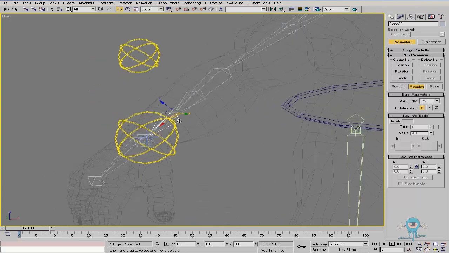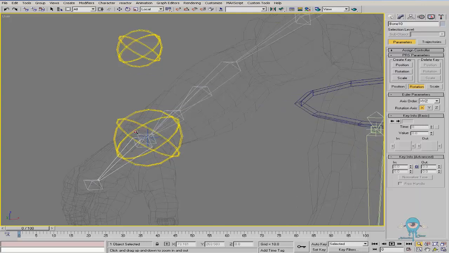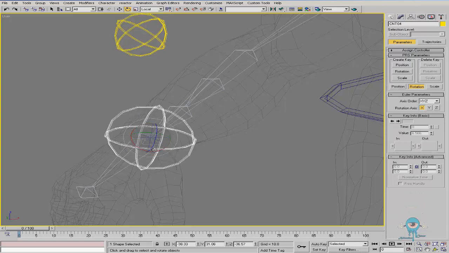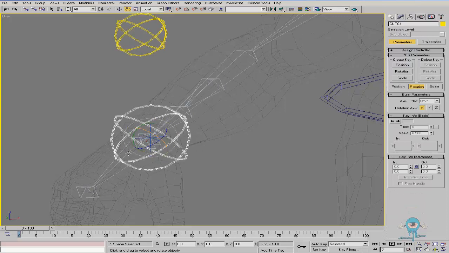For this constraint system, what we're going to use is a look at constraint on the first joint for the twisting. This bone here should rotate along the local x-axis 100% with the bone in the hand. First, we're going to set up the hand so it rotates with this control here.